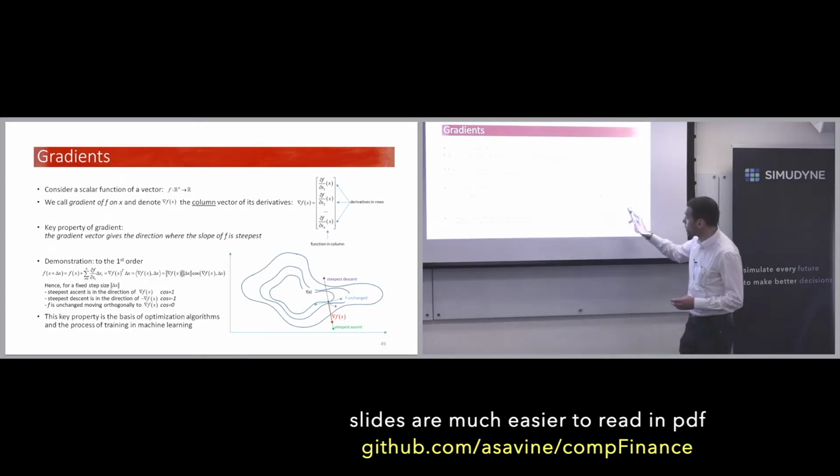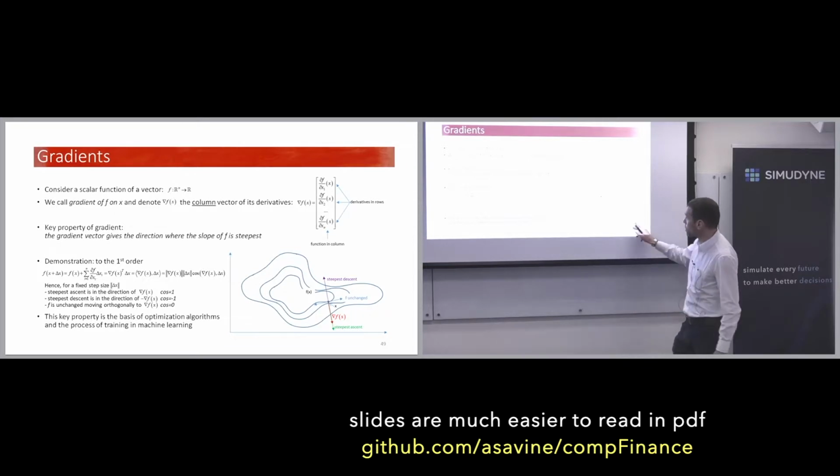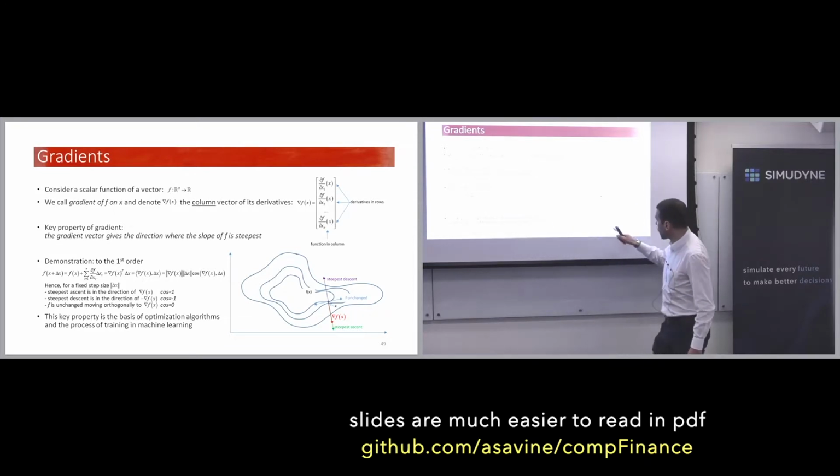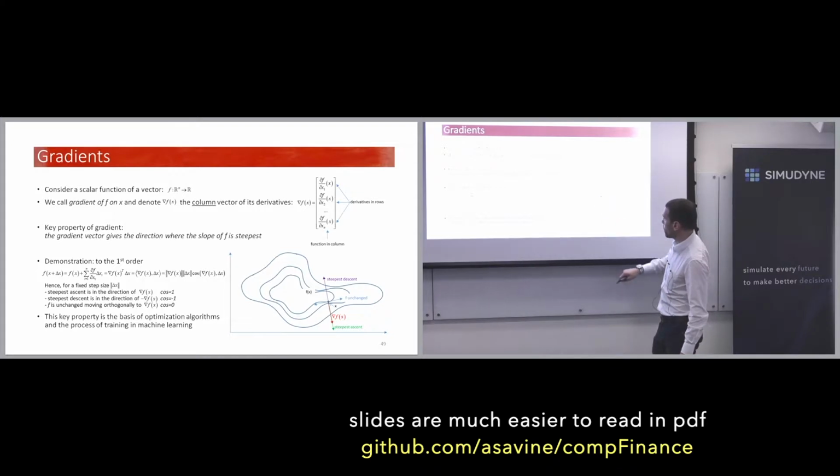So this is represented here. This is in 2 dimensions, x and y, and I have the levels of f represented by these funny lines. This is my point x where I start. This is my gradient as I calculated it for f. If I'm going in the direction of the gradient, this is where I get the steepest ascent direction, and in the reverse direction, the steepest descent.